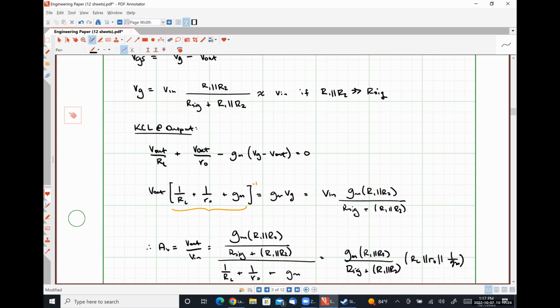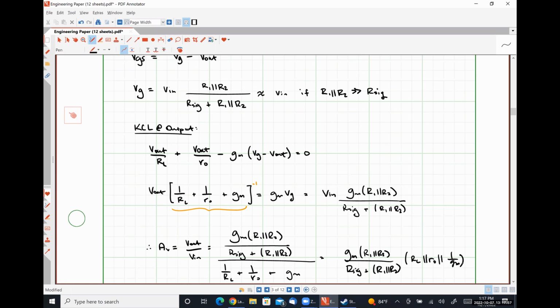So if R1 in parallel with R2 is greater than R sig, that first bit just looks like GM. Well, what about the second part? We haven't done any numerical examples in this class as of yet, but traditionally, the 1 over GM term is going to be significantly smaller as a resistance value than the channel length modulation resistance R naught will be.